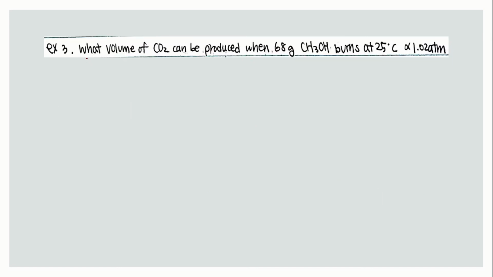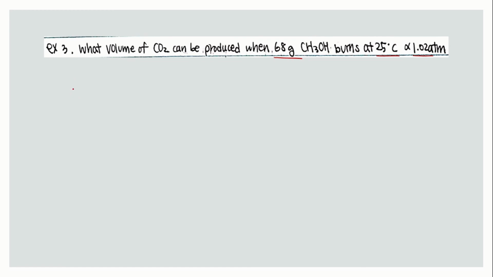We have another example. What volume of carbon dioxide can be produced when 68 grams of CH3OH burns at 25 degrees Celsius and at 1.02 atm? So you're also using the ideal gas law.